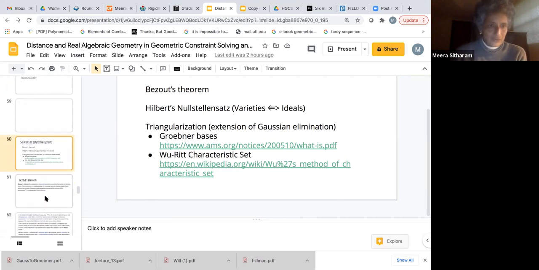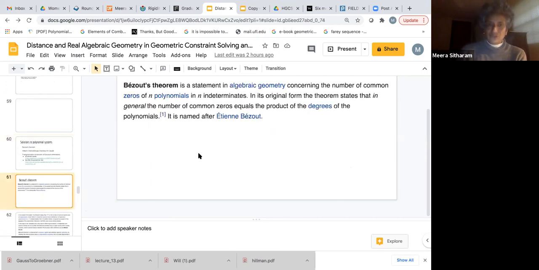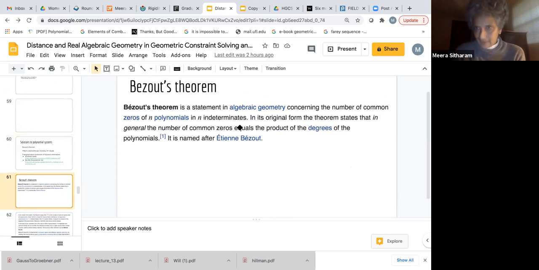First is Bezout's theorem, taken directly from the Wikipedia page on Bezout's theorem. It's simply what you would expect, which you learn when you talk about linear systems: you look at the number of polynomials, the number of equations and the number of variables, and then you say something about the number of solutions.